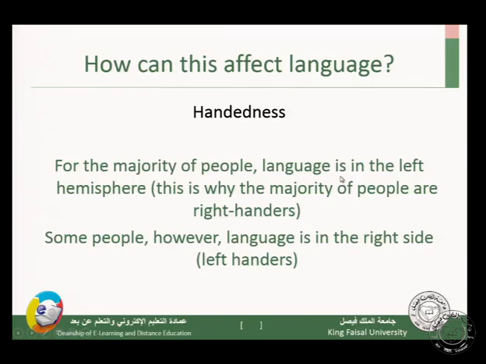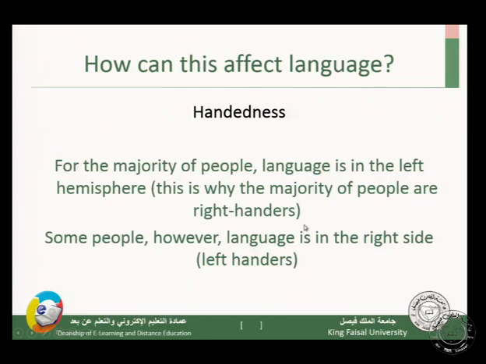For very few people, language is represented in both sides, the left and the right, and for this very limited number of people, they are able to use both hands in writing.